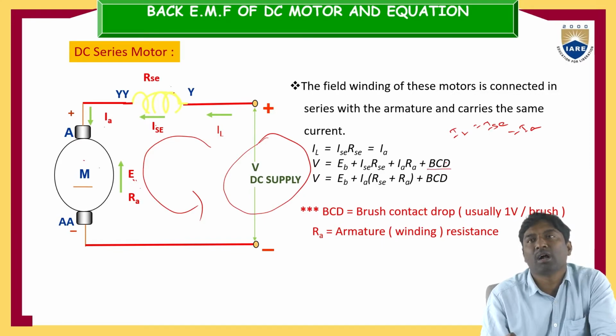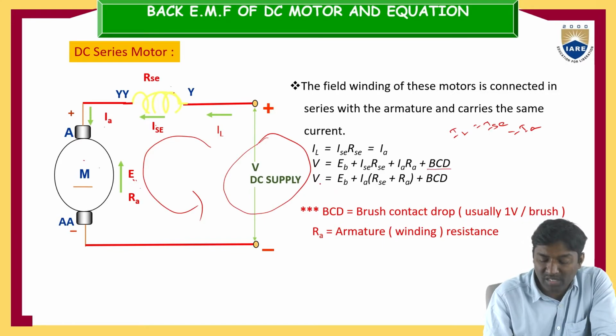Brush contact drop. Now I take V is equal to EB plus IA into RA plus ISC into RSC plus BCD. Because ISC is equal to IA, I substitute IA in place of ISC. Now taking IA common, V is equal to EB plus IA into (RSC plus RA) plus BCD.